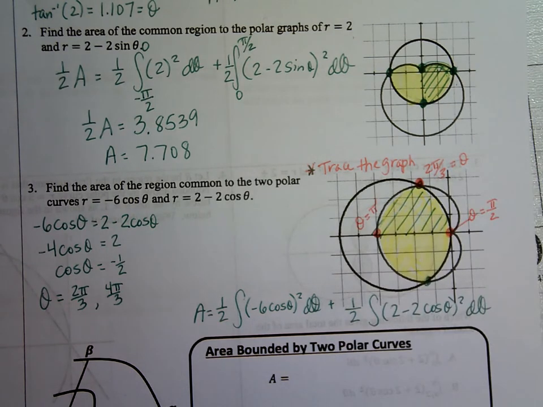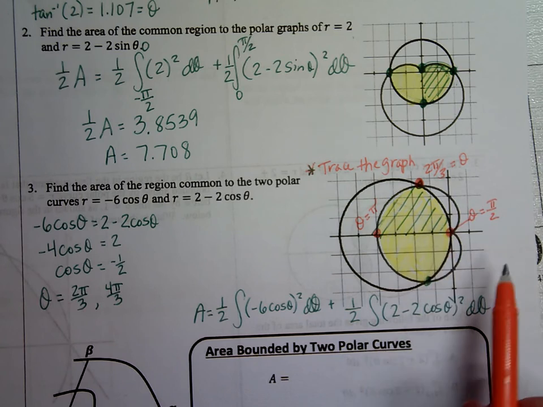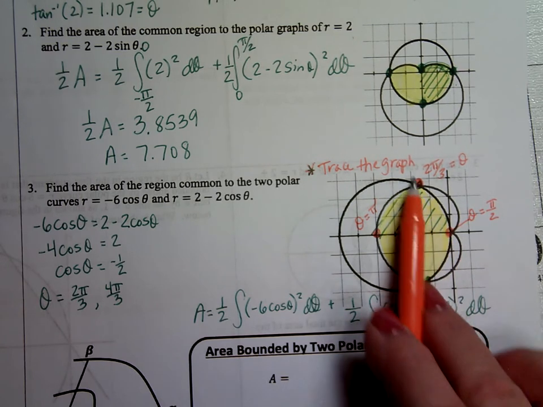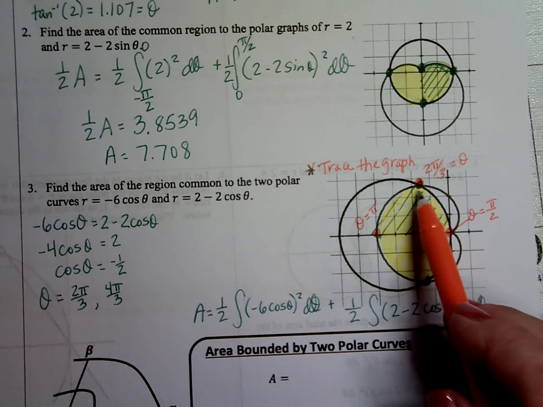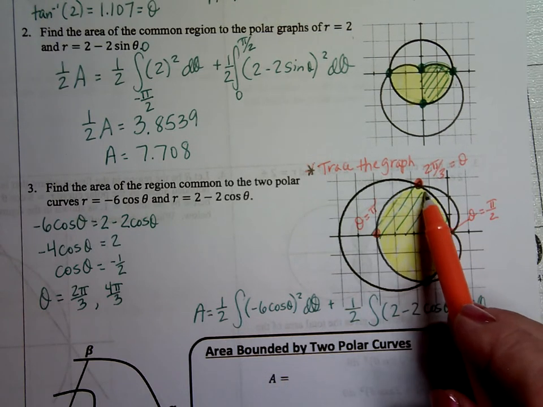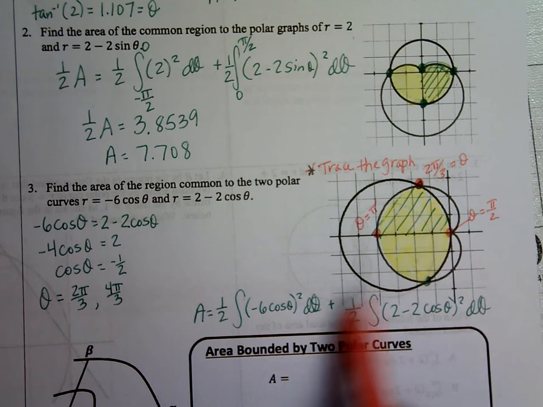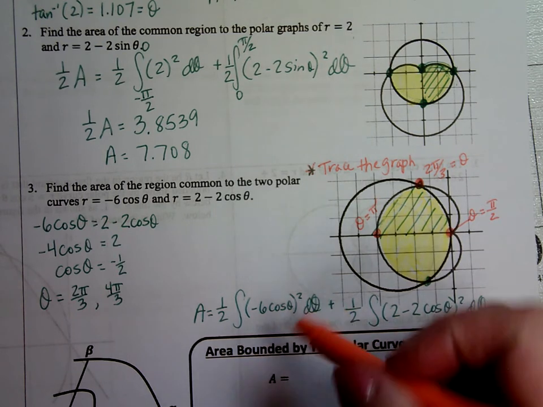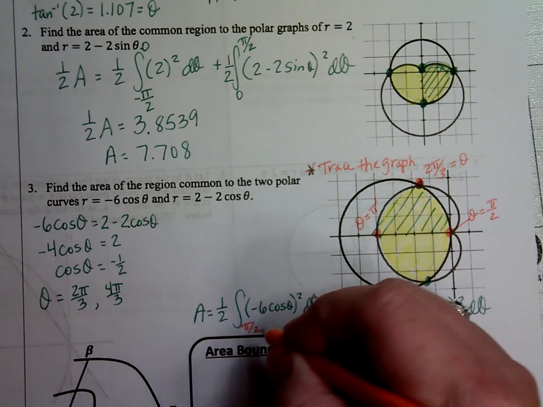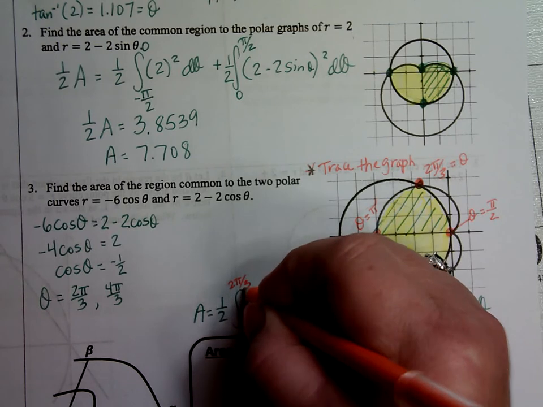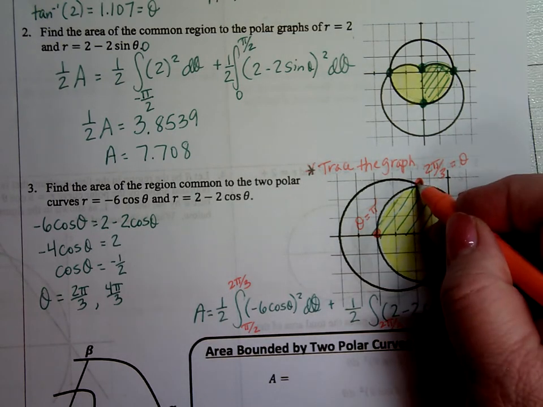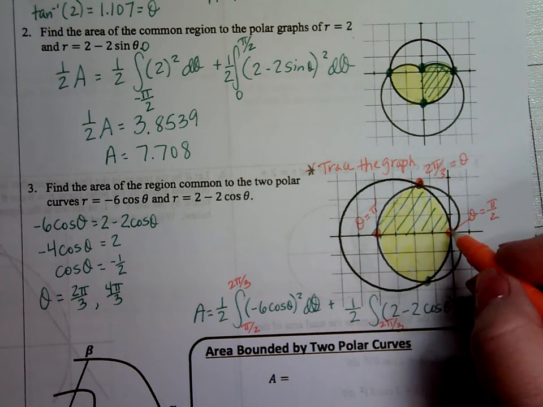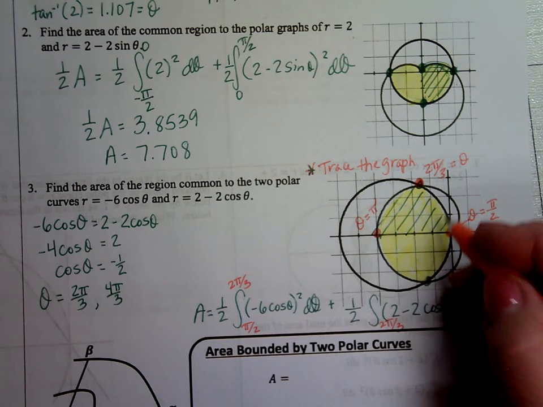So if I do those lines, from pi over 2 to 2 pi over 3 has my outer part being the circle. That's this one. So that means its bounds are pi over 2 and 2 pi over 3. And then you pick up again at 2 pi over 3, that's here. And now I'm looking at the other function, this 2 minus 2 cosine. That's this part of the function.